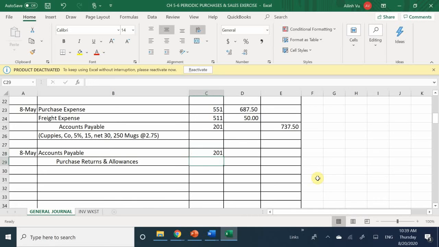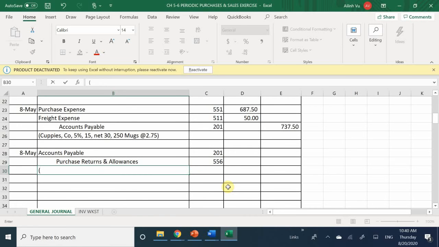And then lastly, our purchase returns and allowances, because we're dealing with our vendor, right? We're attempting to return a product that we purchased from them. Hence, that account should be 556. Okay, so that there is my attempt to return my cups.